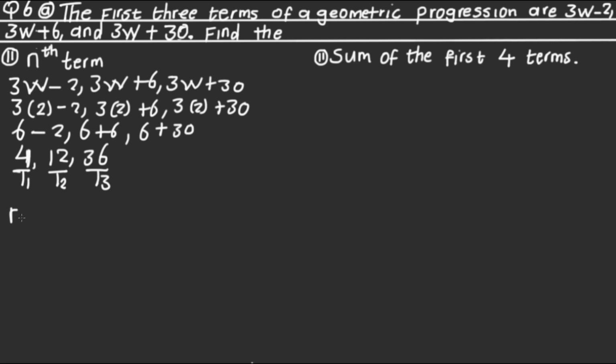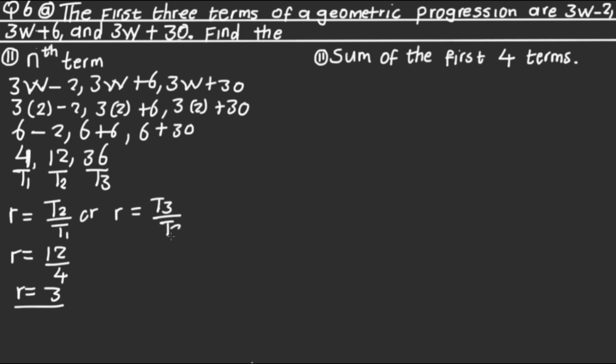To find the common ratio, we have the second term over term number 1. The second term is 12 over 4. So our common ratio is 3. For you to find the nth term, first you need to have the common ratio. Or if you want, we can find the common ratio by the third term over the second term. So the third term is 36 over 12, which is still 3.